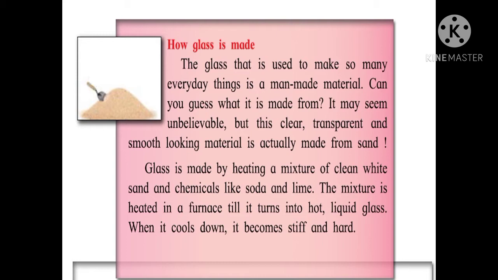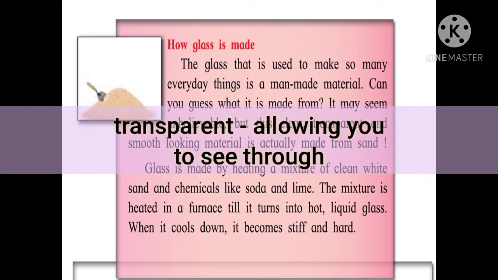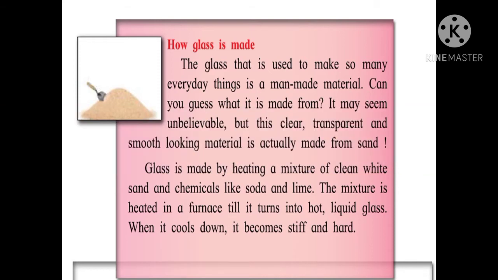Glass which looks transparent and smooth. Transparent means allowing you to see through. You can see through it. This transparent and smooth-looking material is actually made from sand. No one can believe this, but that's the truth.